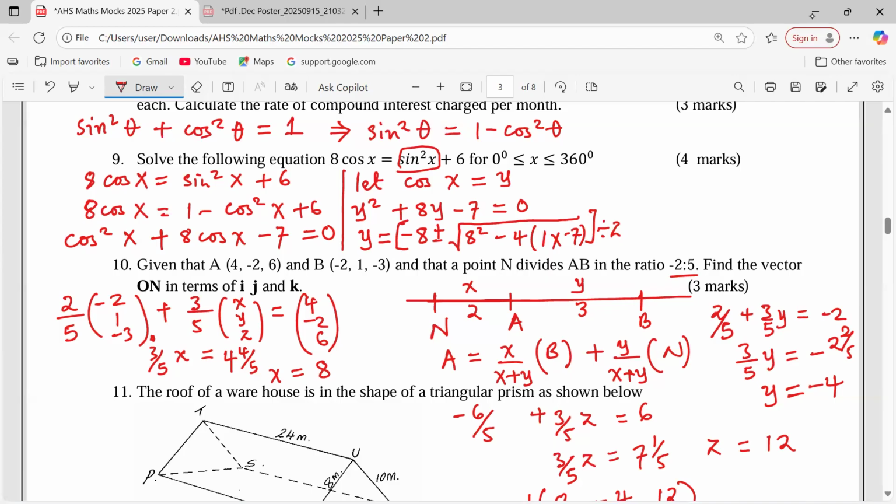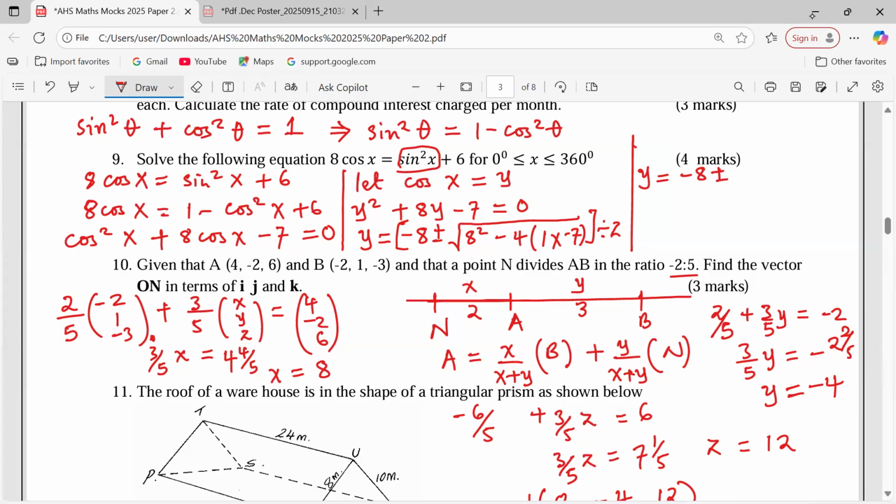2 multiplied by a is just 2. This is going to be y equals negative 8 plus or minus the square root of 64 minus negative 28, which becomes positive 28.